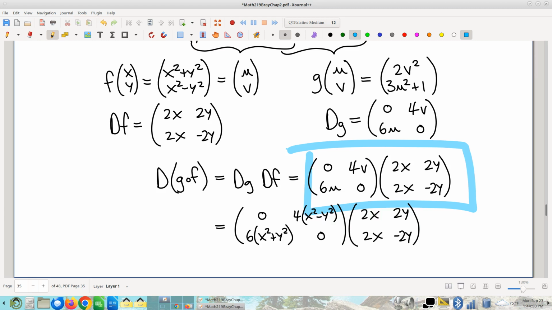But just don't forget what, for example, u is. This u right here, that's the first input variable to g. That means it's the first output variable from f. And that means that it's x squared plus y squared. And then likewise for the v, don't forget to plug in for that as well.